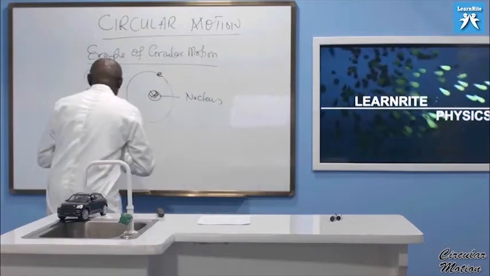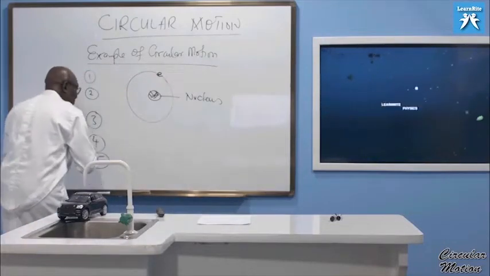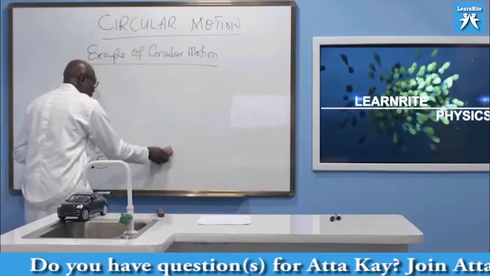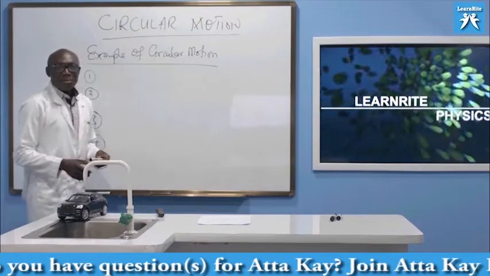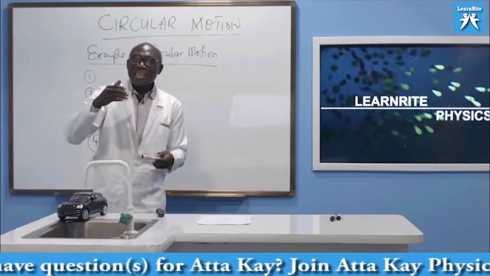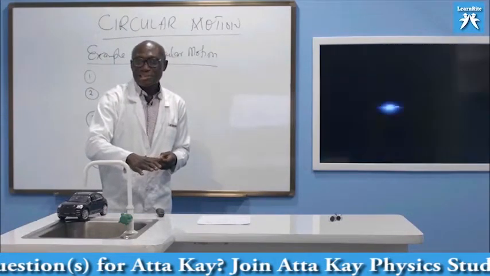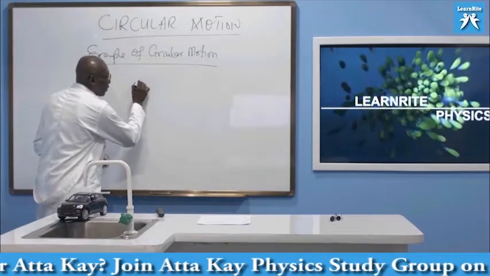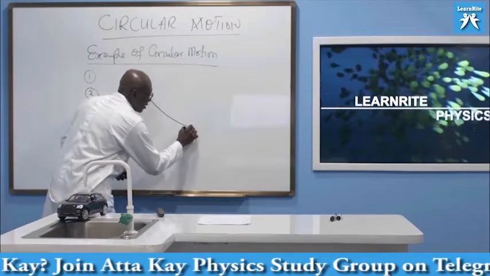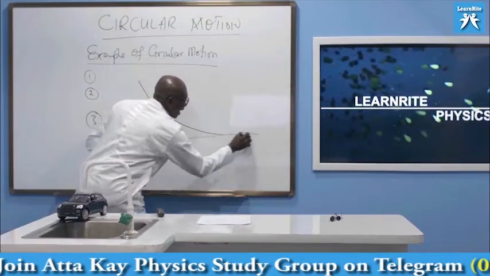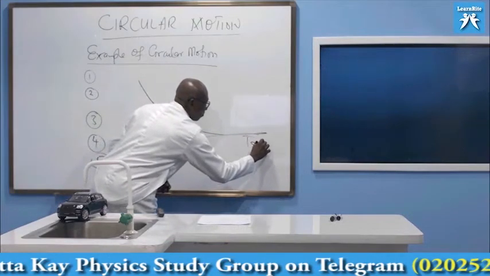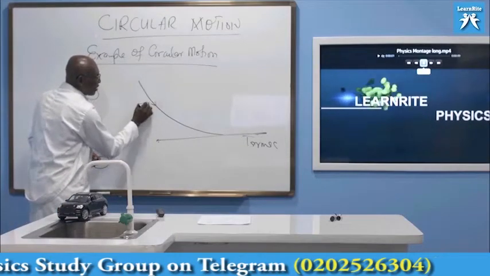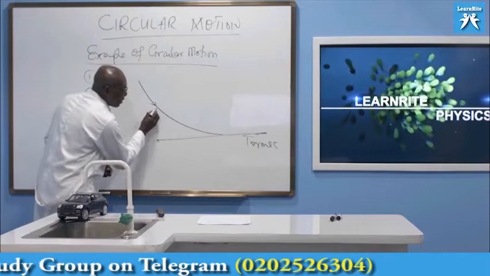Interestingly, the fifth example has to do with the field of aviation. When an airplane is about to land, the airplane will take this path until it lands on the tarmac. This is the tarmac. The airplane will describe this path.